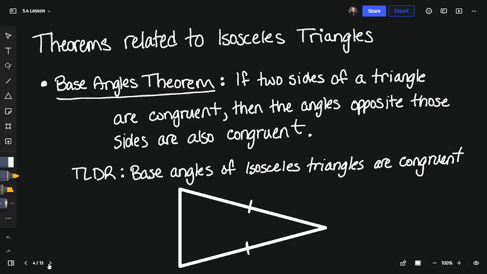If two sides of a triangle are congruent, then it is isosceles. And the base angles of isosceles triangles are always congruent. So in that case, these two angles, the base angles of this triangle, are congruent because we have two congruent sides.